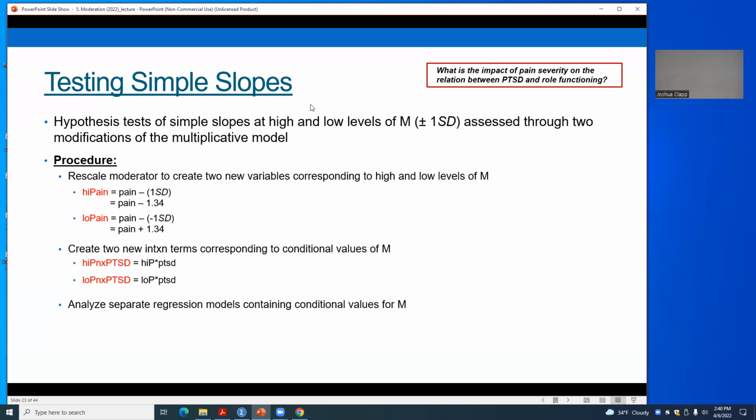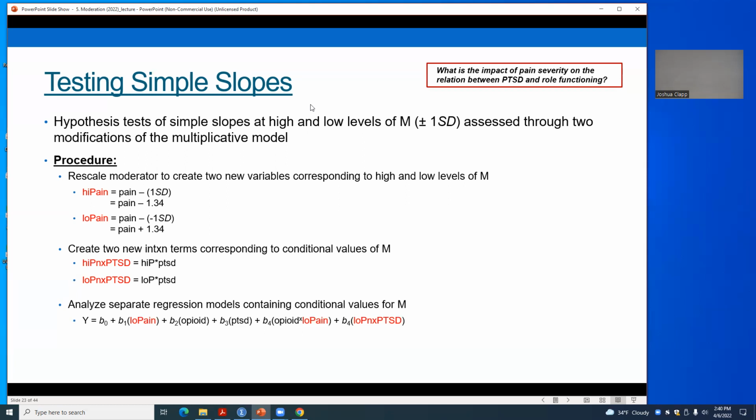Okay, and if I do this, let's say we start with low pain. I'm going to get a regression model where the variable I'm using is my low pain variable, plus opiate use, plus PTSD, plus opiate use times low pain, plus low pain times PTSD.